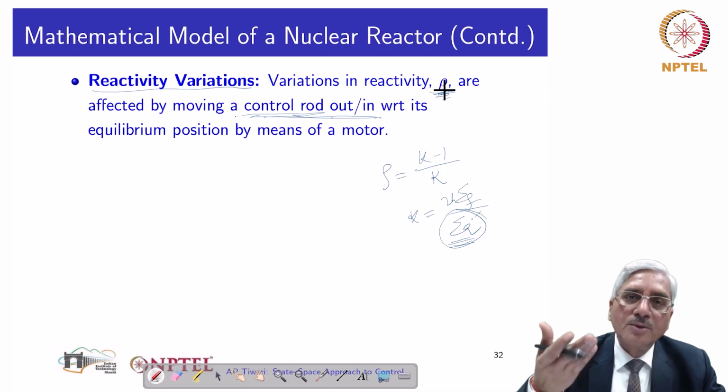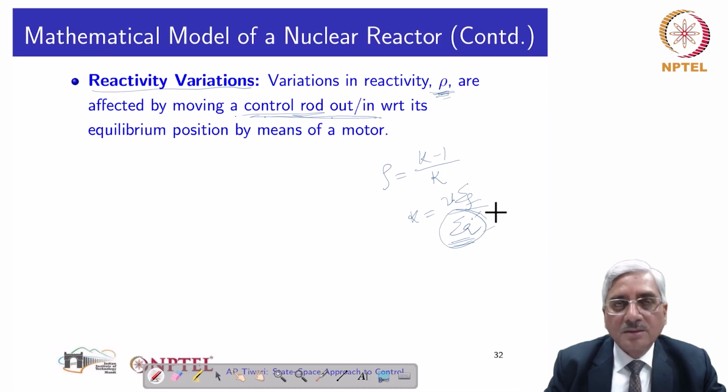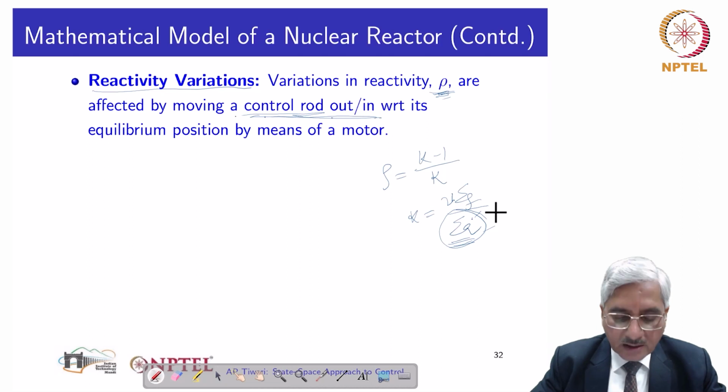When it is pulled out with reference to that, absorber reduces and the neutron fission interaction rate becomes faster. When it is pushed in reference to that position, the fission reaction reduces. Number of fission reactions per second reduces, and so thereby the reactivity is controlled.